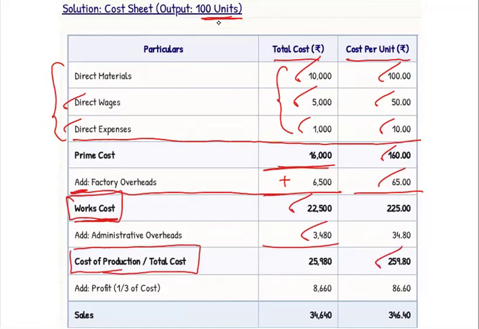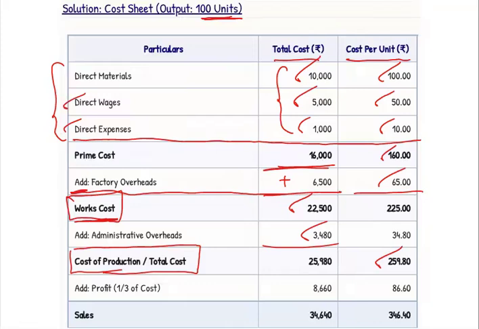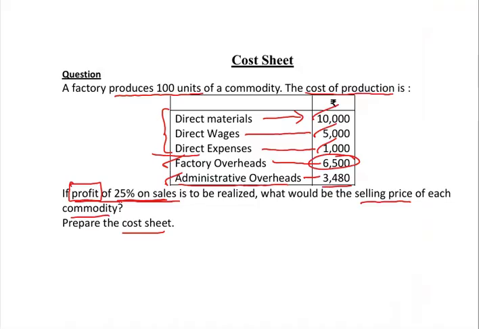In total cost we will add the profit element. Profit is 25% on sales. We know the cost information, but the profit is given in terms of sales. Now we have to convert this 25% profit on sales into profit on cost.